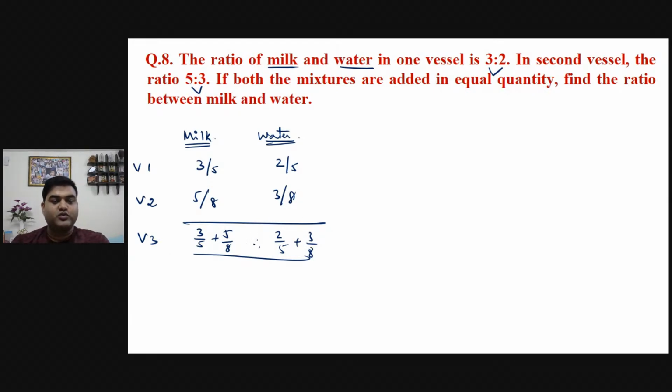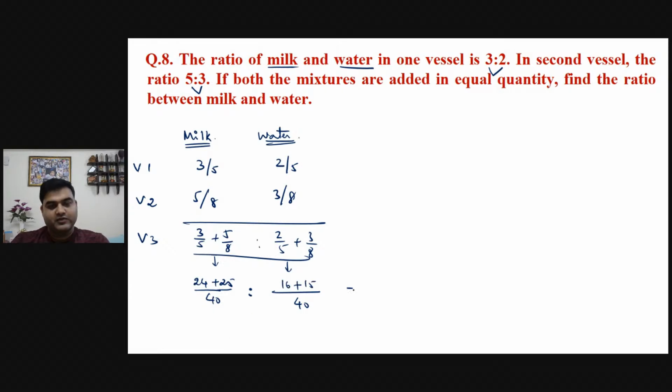What you can do is take the LCM of these two and these two, which is 40. So this will become 24 plus 25, 8 and 3, and this is 16 plus 15.